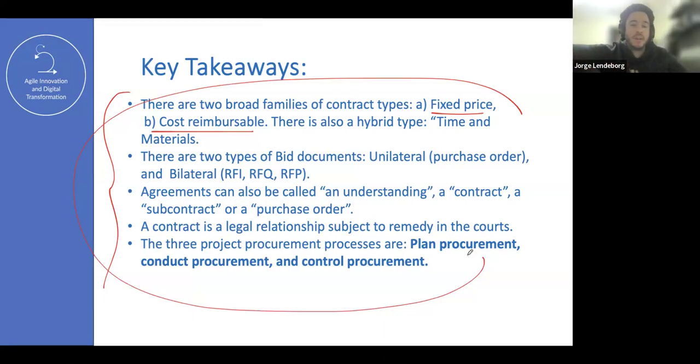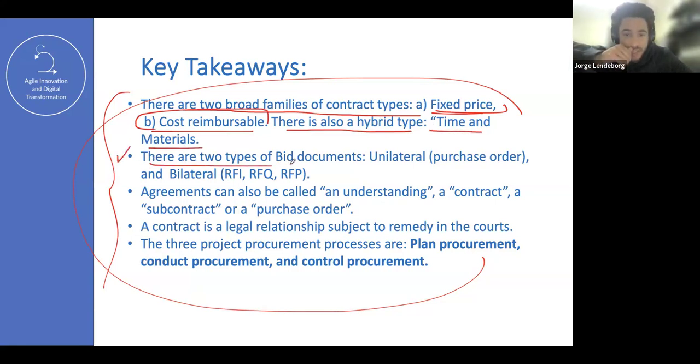Key takeaways. There are 2 broad families of contract types: A, fixed price; B, cost reimbursable. There's also a hybrid type: time and materials. There are 2 types of bid documents: unilateral, purchase order, and bilateral, RFI, RFQ, RFP.